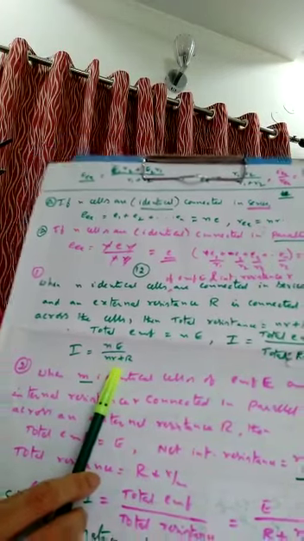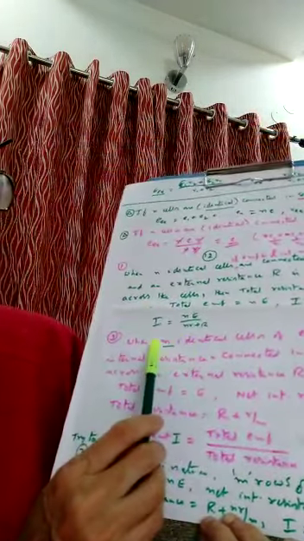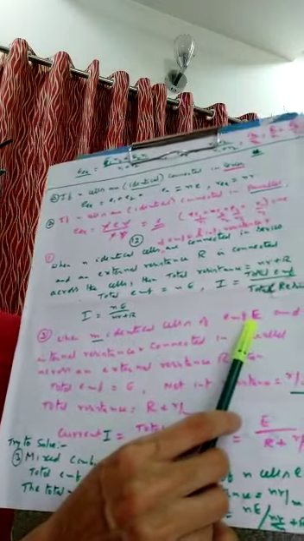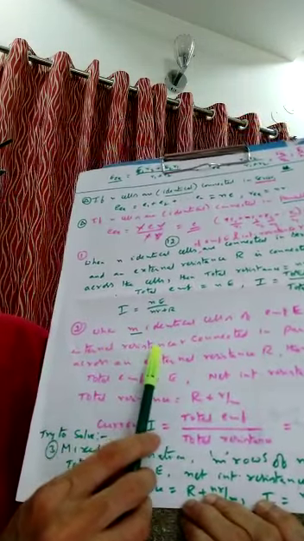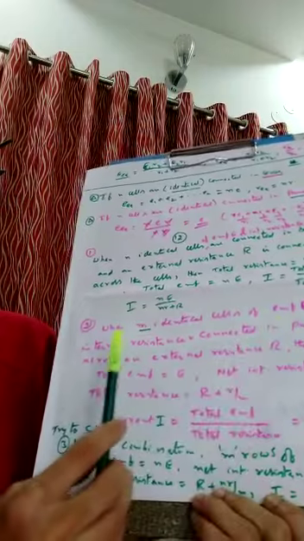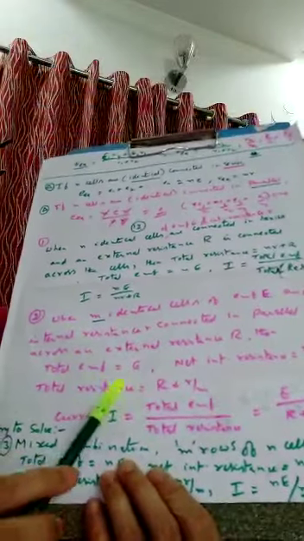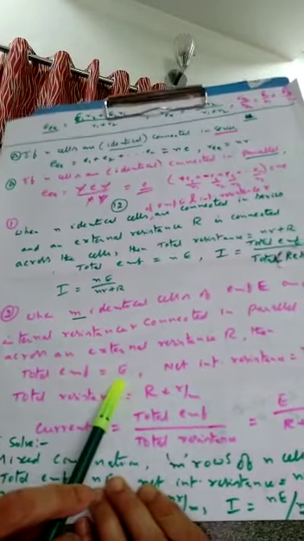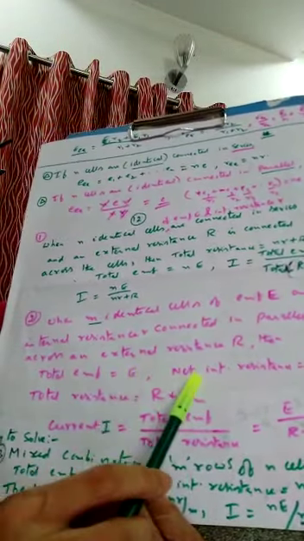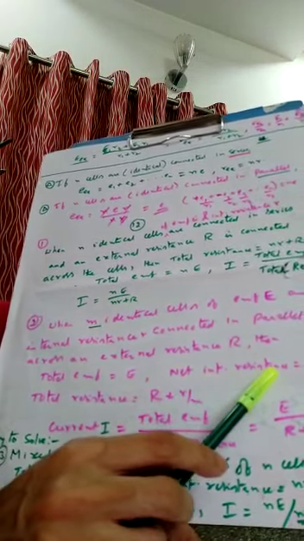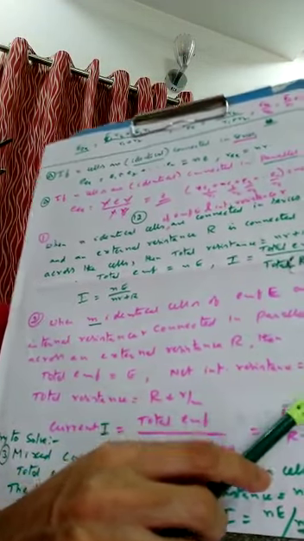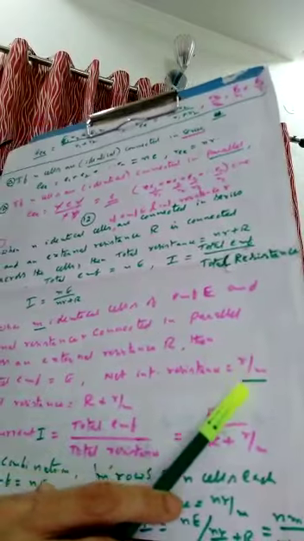Now if there are m identical cells, each of EMF E and internal resistance small r, connected in parallel across an external resistance capital R, what will be the total EMF? The total EMF will be E, as we derived in the last episode, and net internal resistance is given by r by m. How come r by m?